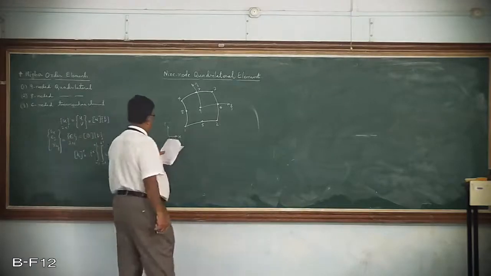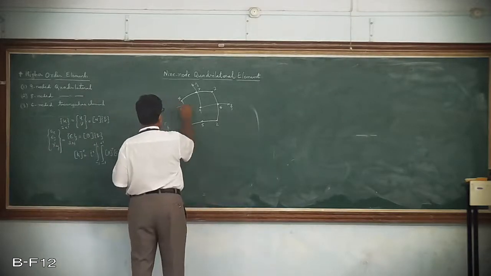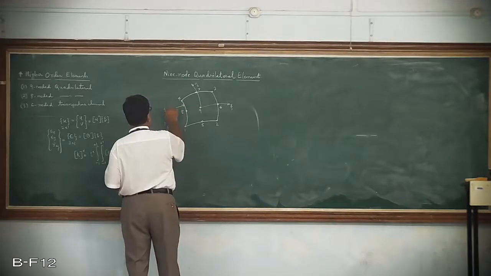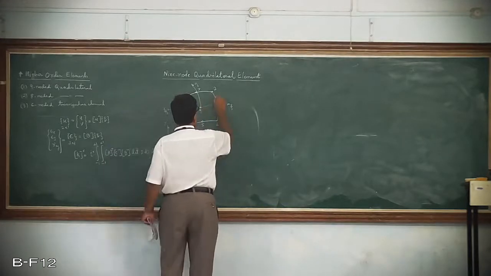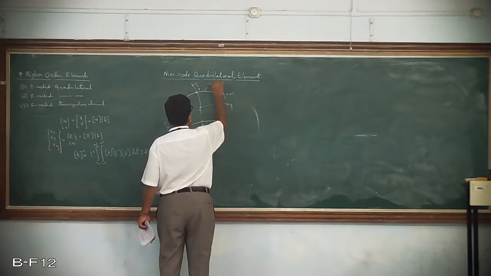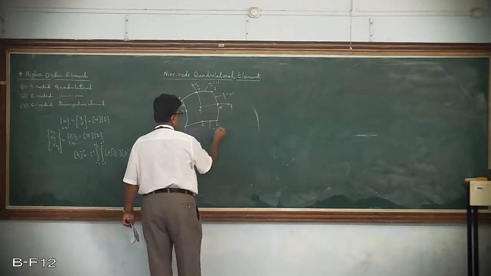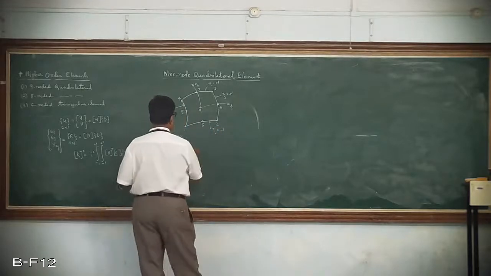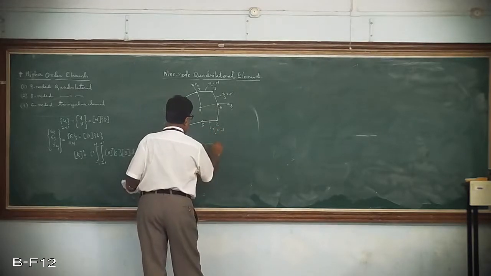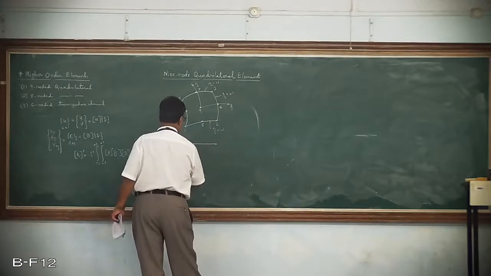So therefore, if we consider this, of course, when you say zeta is equal to -1, this is going to be zeta equal to +1. This is zeta equal to +1, and this is zeta equal to -1. So this we'll try to represent on a master element. It is always going to be a square.